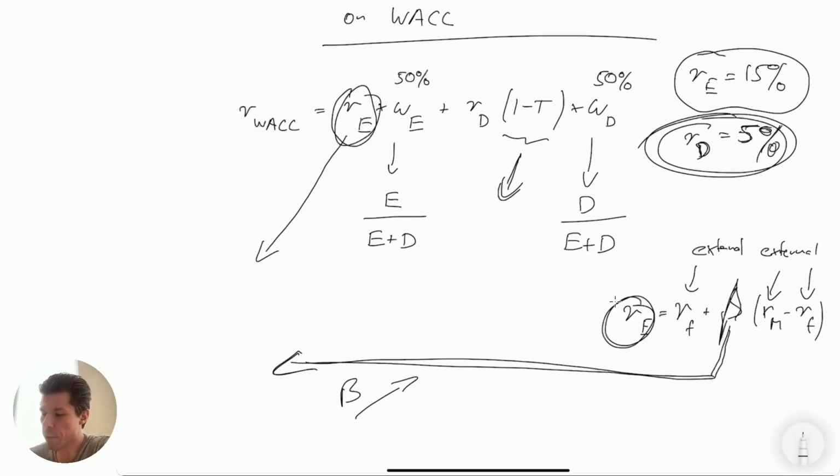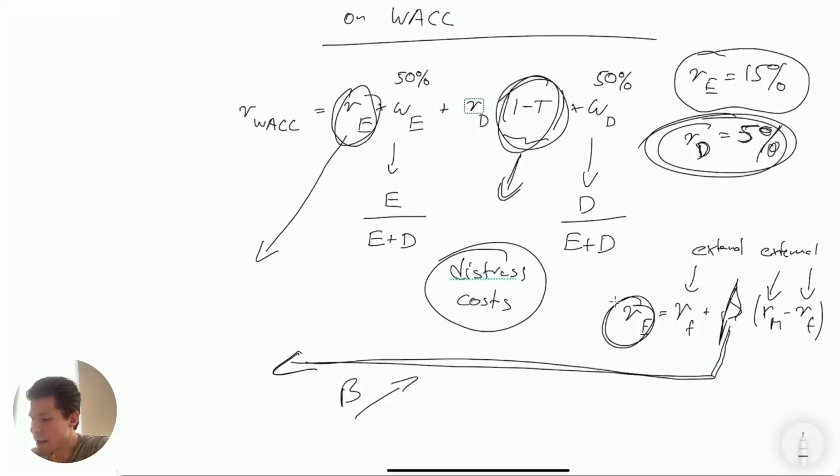However, at a certain point, there are distress costs. If you take on so much debt, it's always a balance between tax savings and additional distress costs. So that's why there is not one figure.